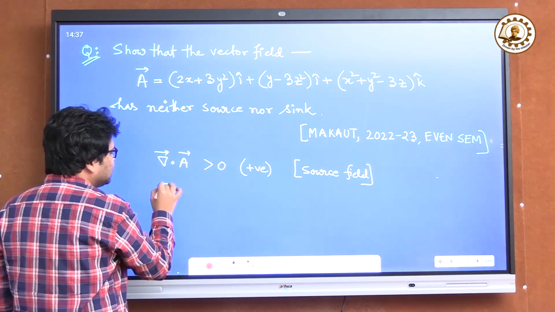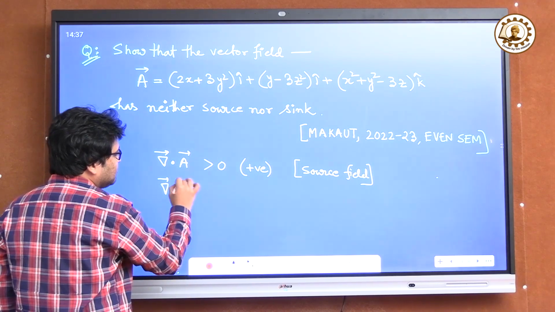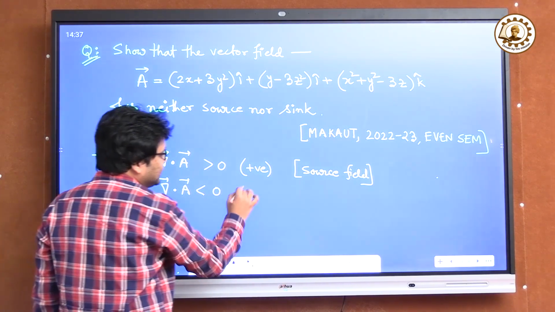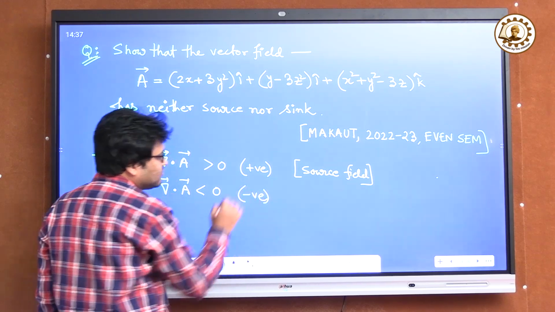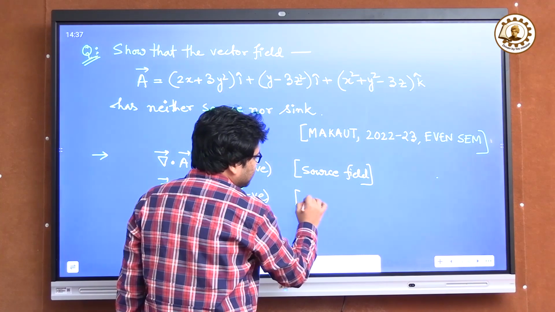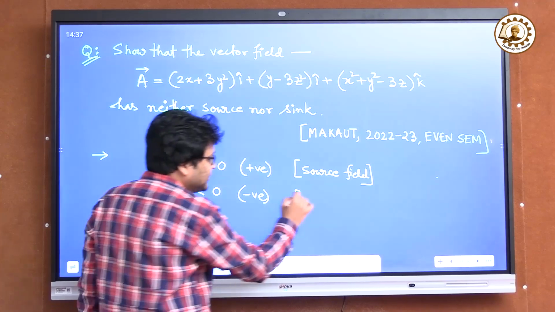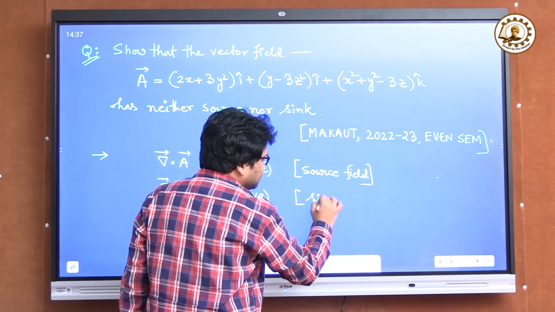If the divergence of any vector is less than 0, that is negative, then it represents that A vector is a sink field.